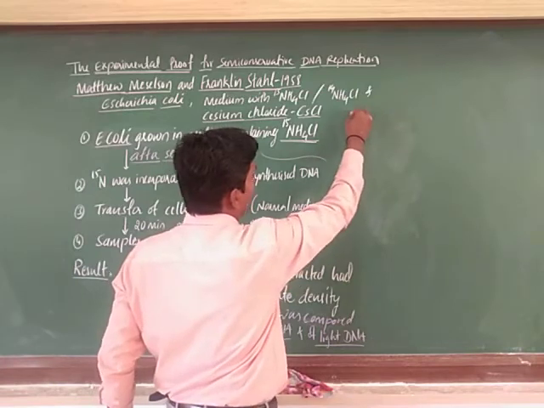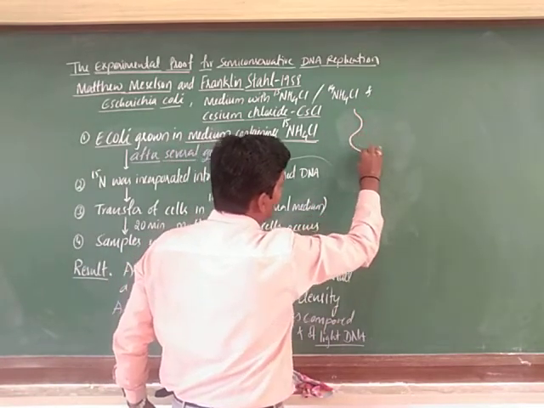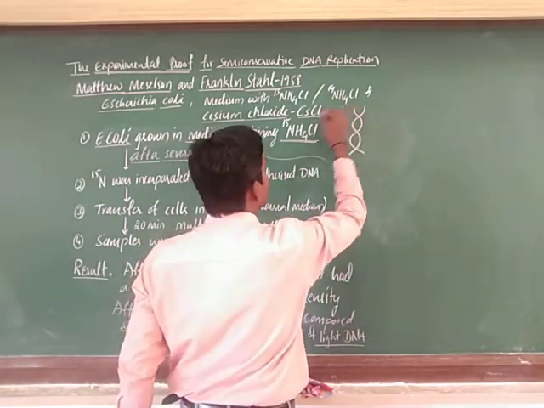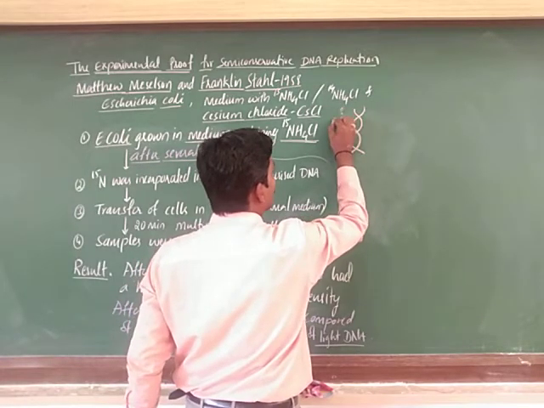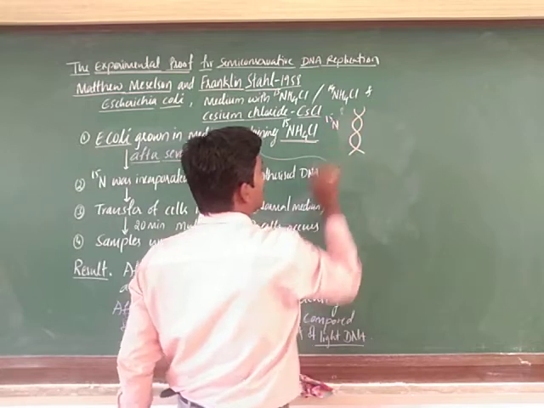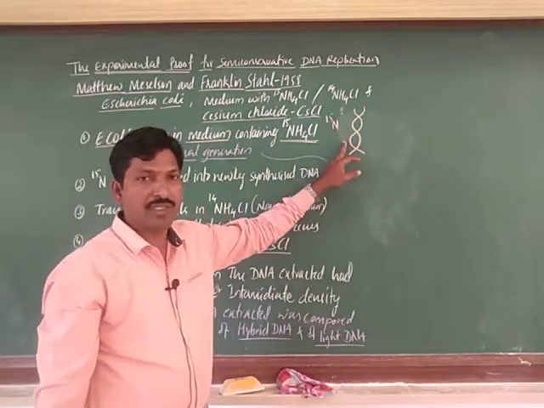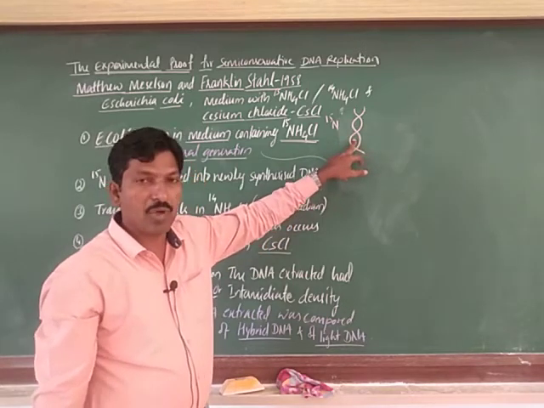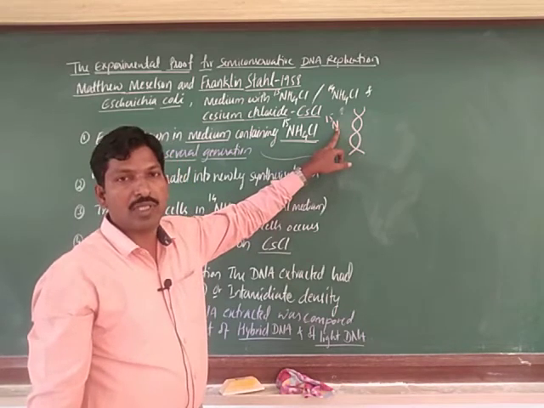Before that centrifugation, take the diagram of DNA: both strands contain N15, because nitrogen bases are there in the strands. So this DNA molecule contains heavy nitrogen, the heavy isotope.